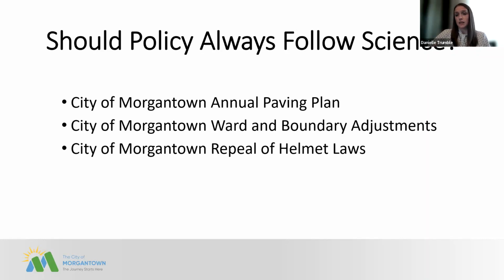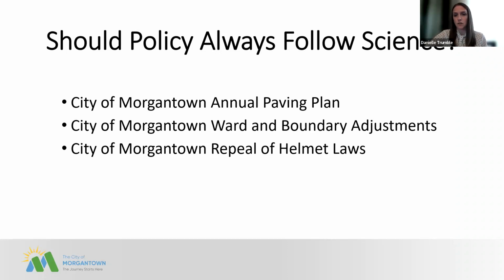However, it has been shown that mandatory helmet laws do reduce the number of people who ride bicycles, and they are also a deterrent to having bicycle rentals in your community. So council went back and forth on this a few times and ended up repealing the mandatory helmet law for anyone age 16 or older.